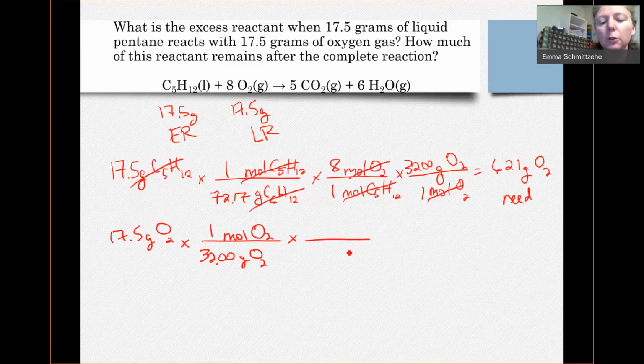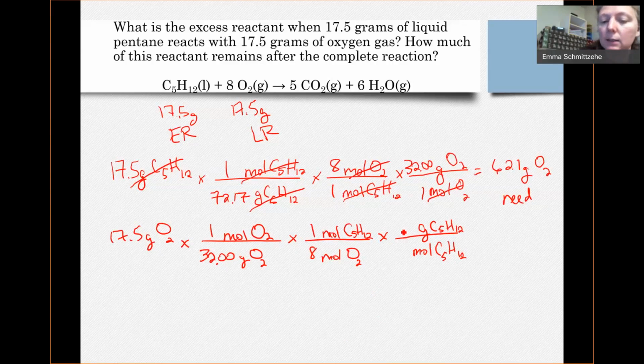And then I need to convert my moles of oxygen to moles of C5H12, and that would be 1 to 8. And I need to convert my moles of C5H12 to grams of C5H12, and that is 72.17 grams per mole.